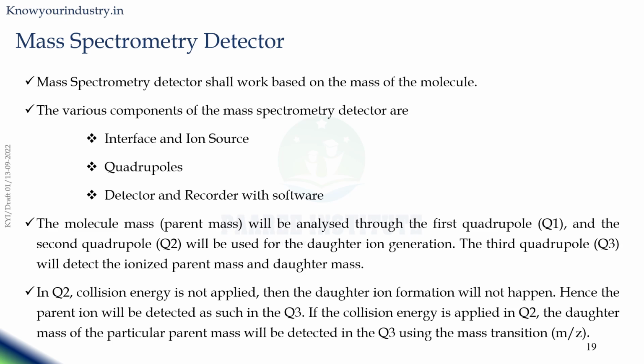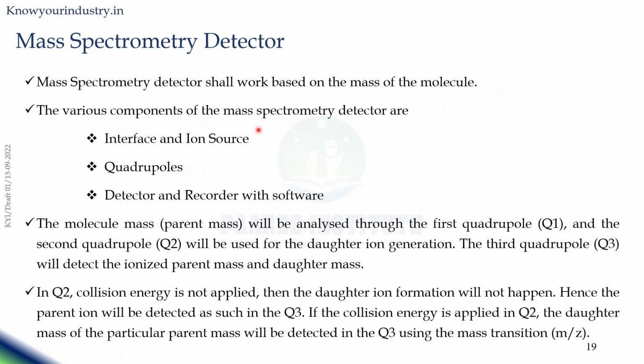In case we select the mass spectrophotometric detector, what are the factors we need to consider and how does the mass spectrophotometric detector work? Those are the things we are now going to see in the upcoming few slides. Basically, the mass spectrophotometric detector works based on the mass of the molecule.